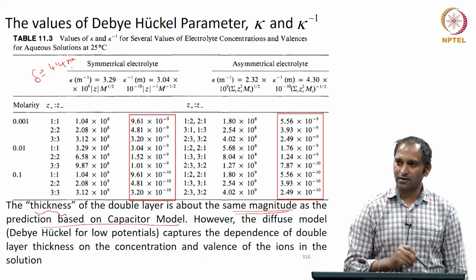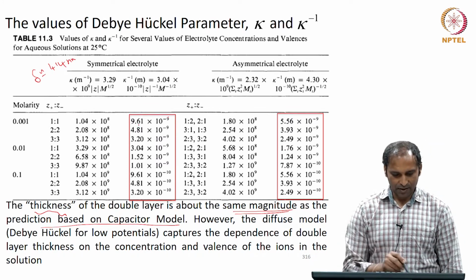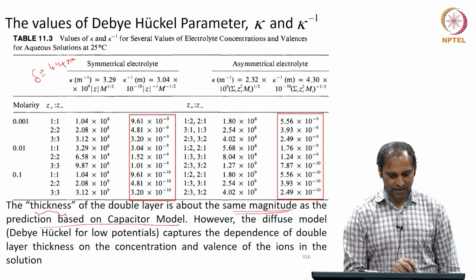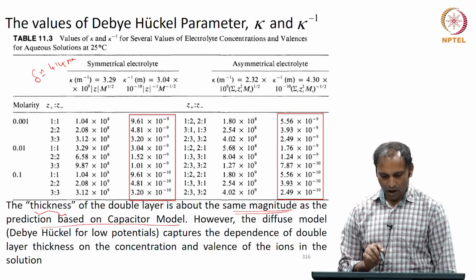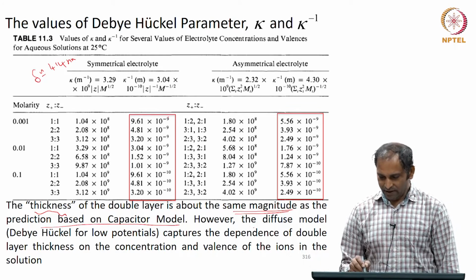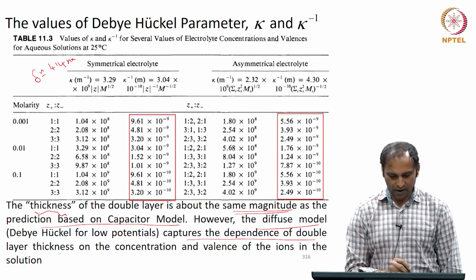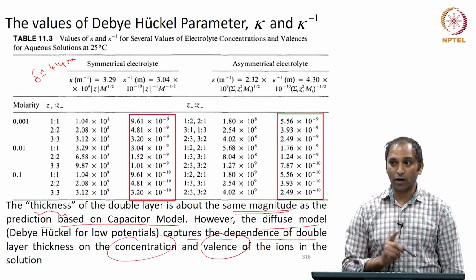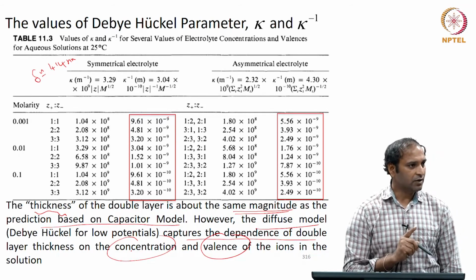However, the diffuse model captures the dependence of the double layer thickness on the concentration and the valency of the ions, which was not there in the capacitor model.